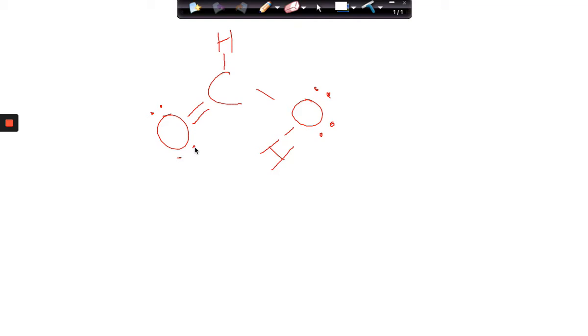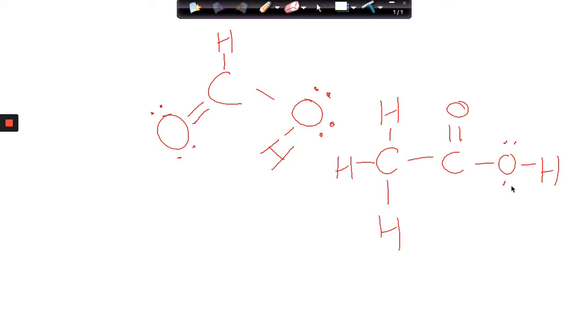Now at this point, does this look familiar? Remember this? See the connection? If the hydrogen were gone, this would be acetate. With the hydrogen there, what is it? Acetic acid. It's an acid. It's a weak electrolyte. Guys, this is the same.